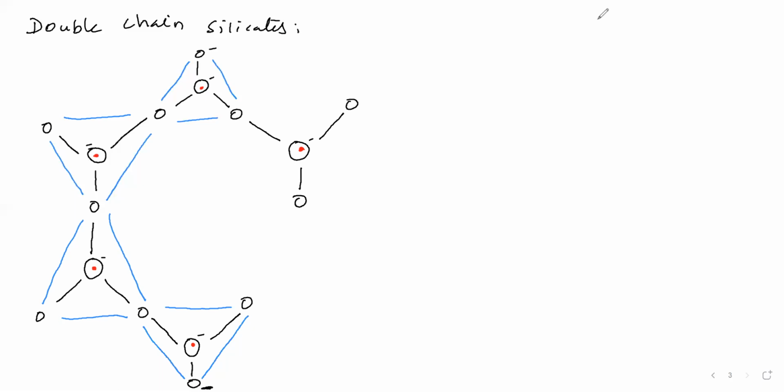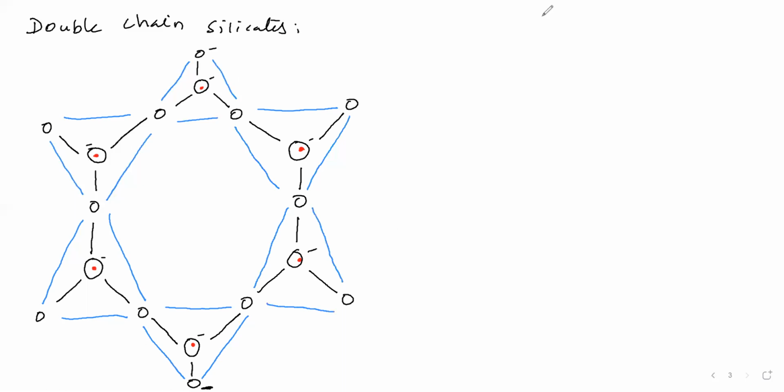Now we will give that blue color border, saying that this is one SiO4 unit. Next silicon, then O minus we will give, here O minus, here O, here O, here O minus. Next we will represent this as one SiO4 unit.